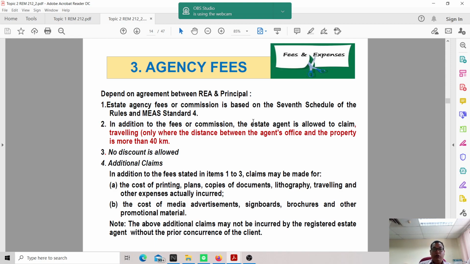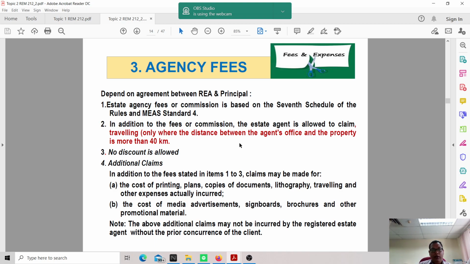Other than the fee or commission, you are also allowed to claim for travel, whereby the distance between the agent's office and the property is more than 40 kilometers. Let's say you have a listing in JB and your office is in Shah Alam, you can claim from the principal if it is more than 40 kilometers.